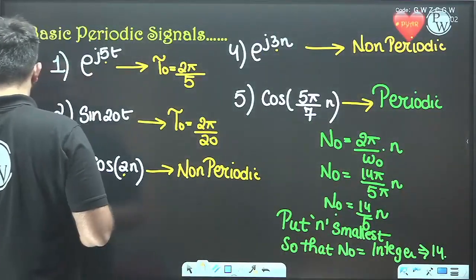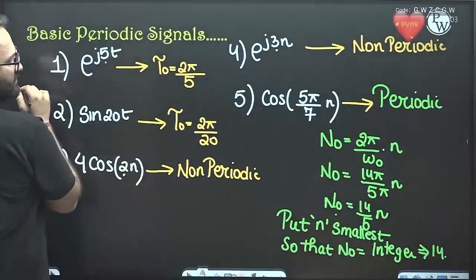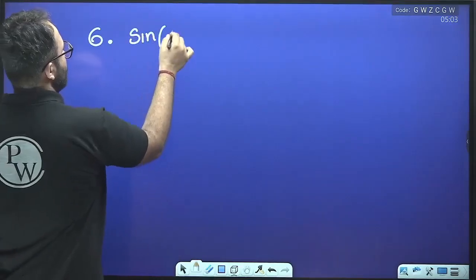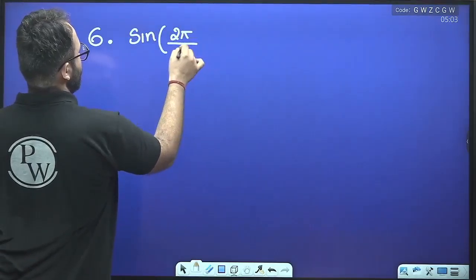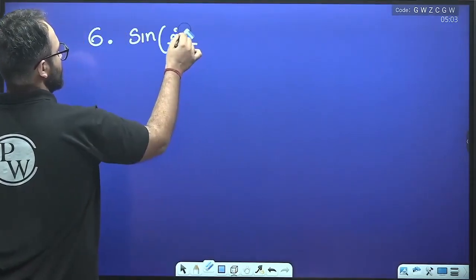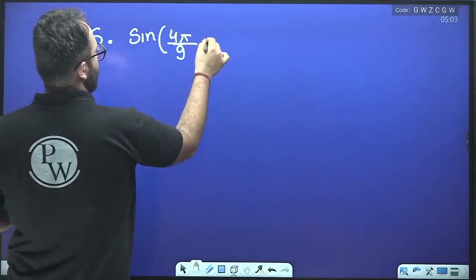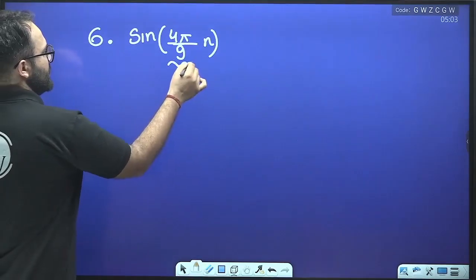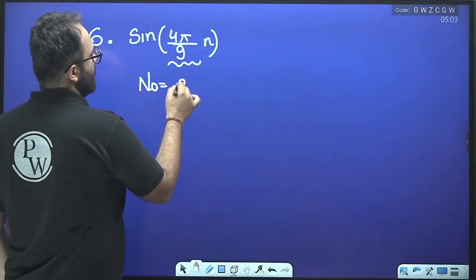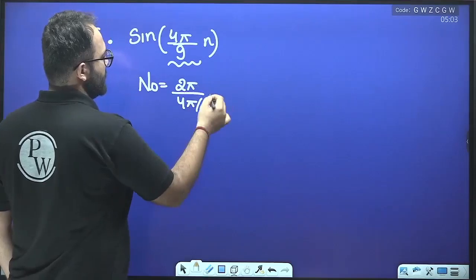Okay, so one more example. Sixth is sine of 2 pi by 9. Take another, 4 pi by 9. Okay, so here we can see that omega naught has a pi term, and thus the period will be, okay, this will be the period.